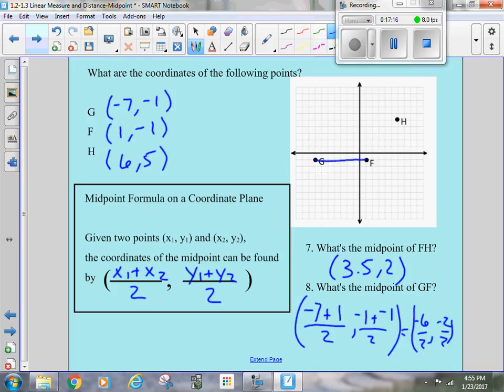So this is going to give you -3, comma, -1. So that's at right about there. And notice, again, the y value is -1 because both G and F have the same y value.